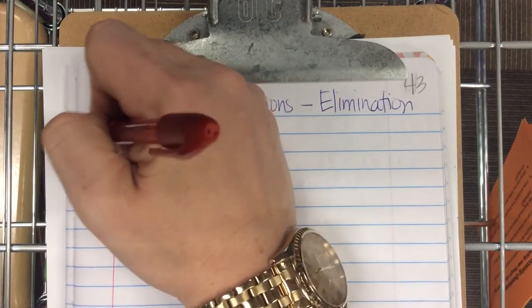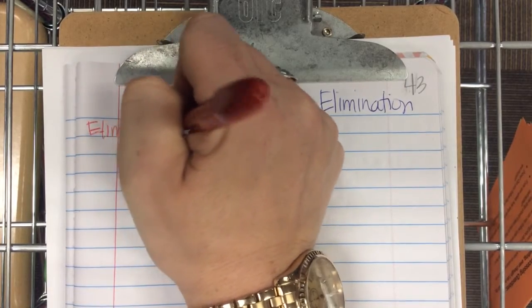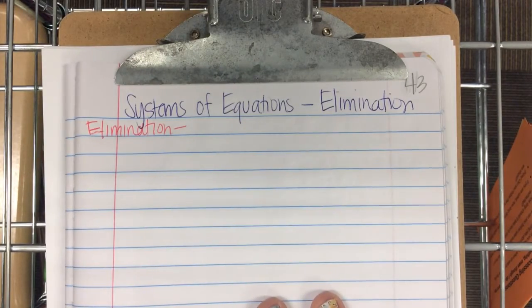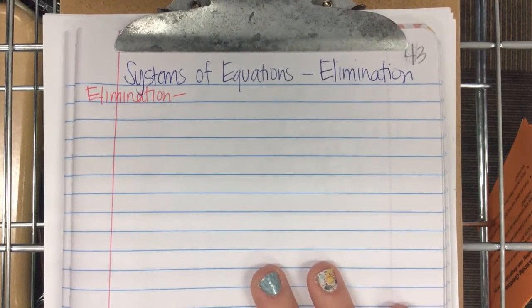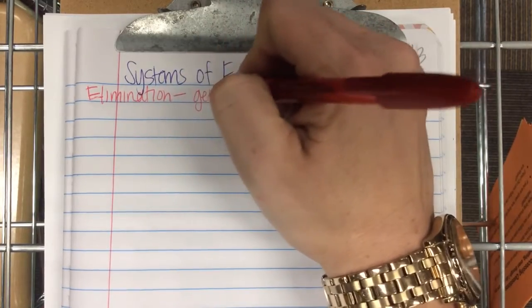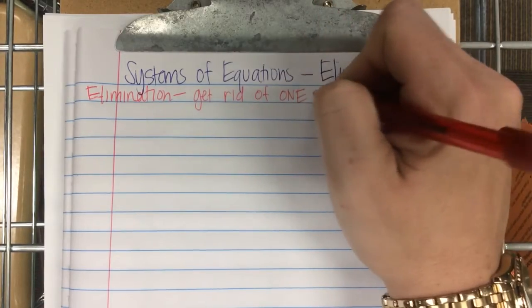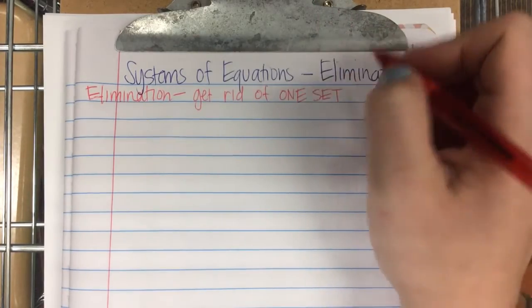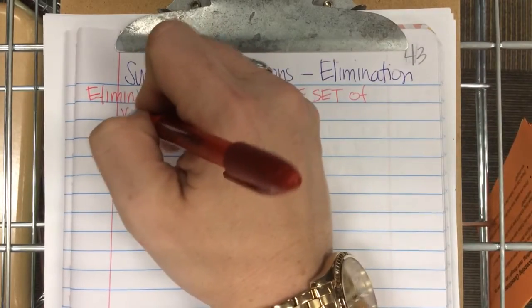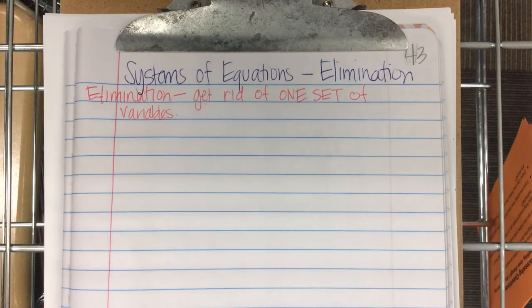So elimination is exactly what it sounds like. What does it mean to eliminate? Get rid of it, right? To remove it. So we get rid of one set of variables.